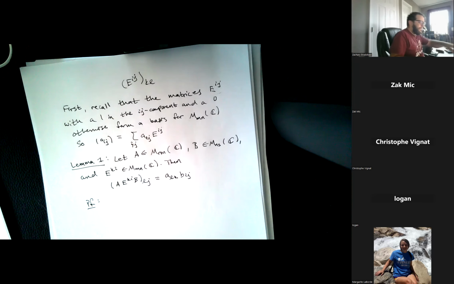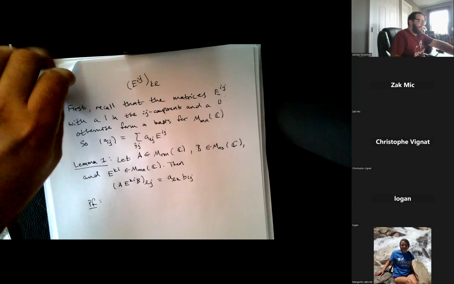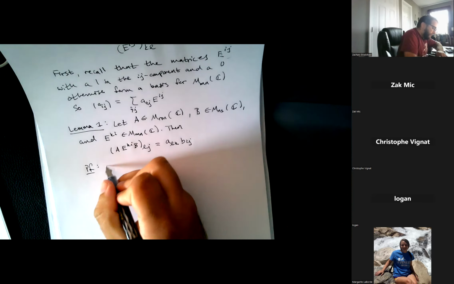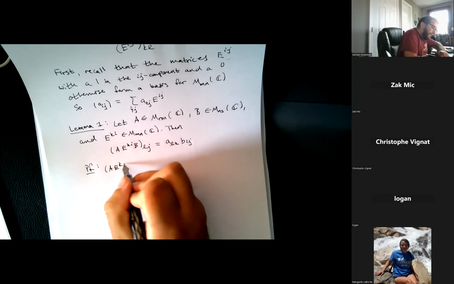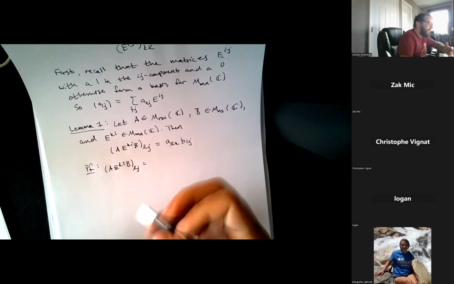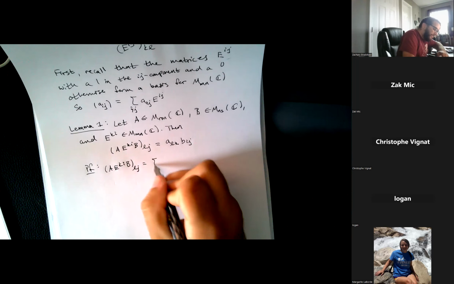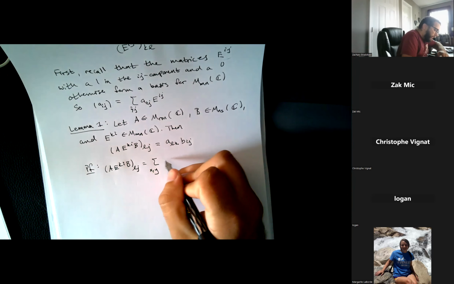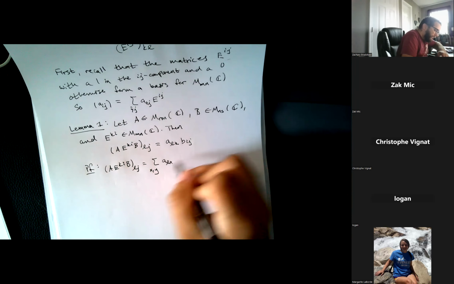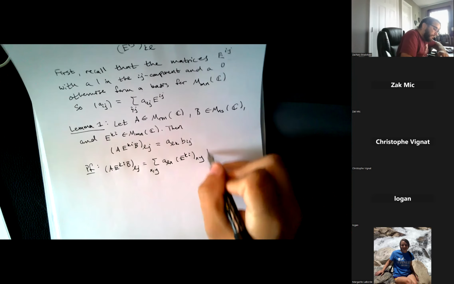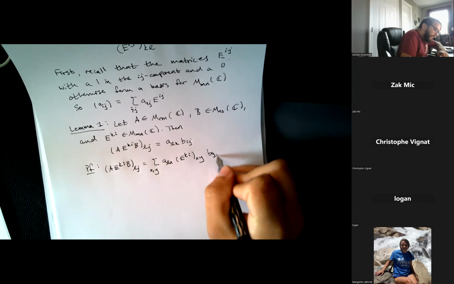So it's really just a straightforward computation, but in case anybody can't see it, this (A E_KI B)_LJ, by the definition of matrix multiplication, is just the sum over x and y of A_LX (E_KI)_XY B_YJ.